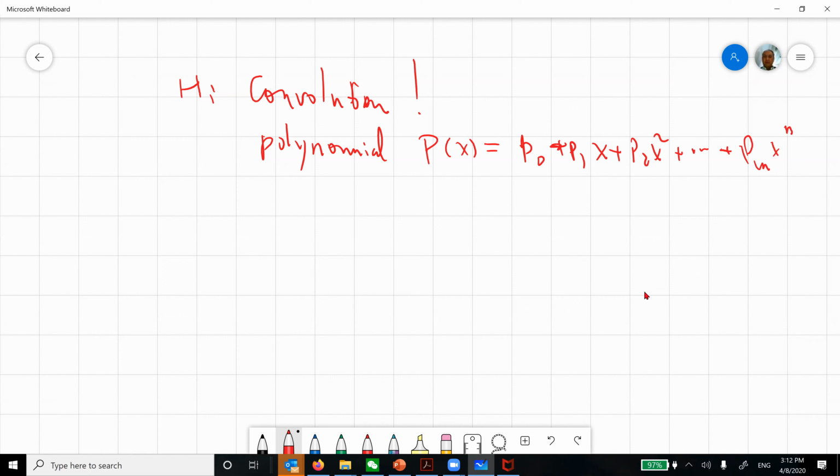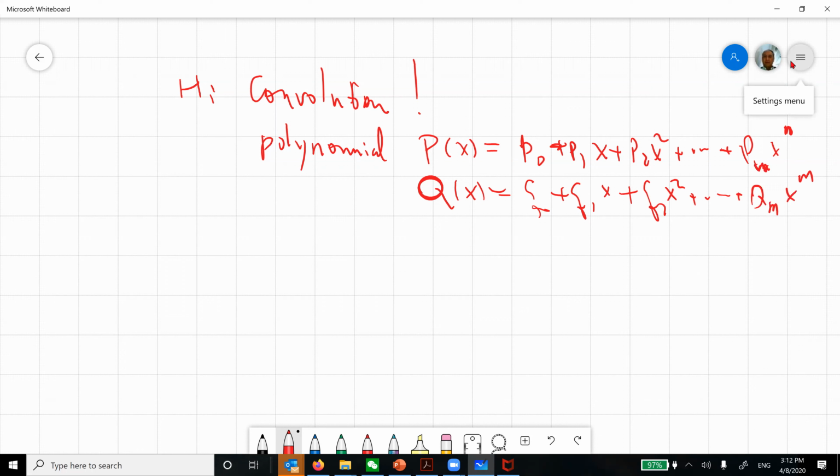Okay, so you have another polynomial qx is q0 plus q1 x plus q2 x squared plus, this is n, okay, but now I have qm x m, they don't have to be the same.